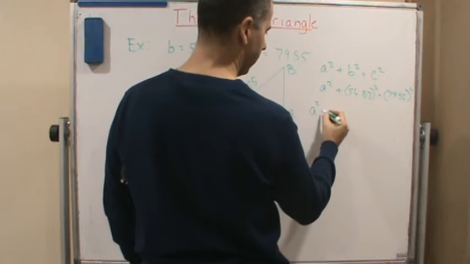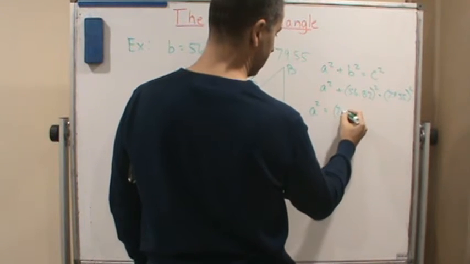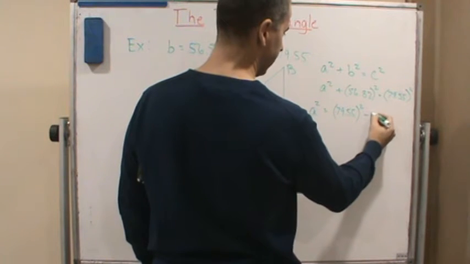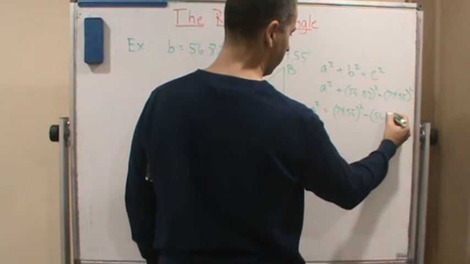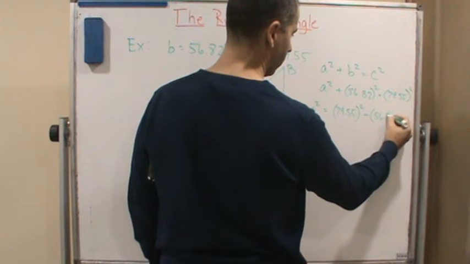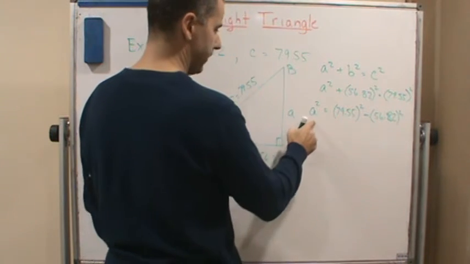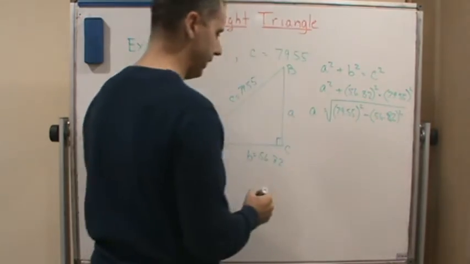So then A squared equals 79.55 quantity squared minus 56.82 squared. And then of course if I take the square root of both sides, A is going to equal the square root of that.